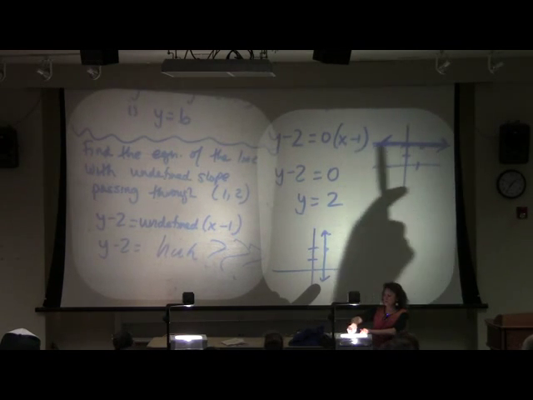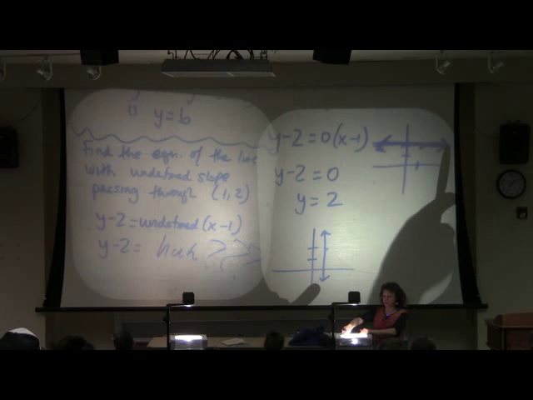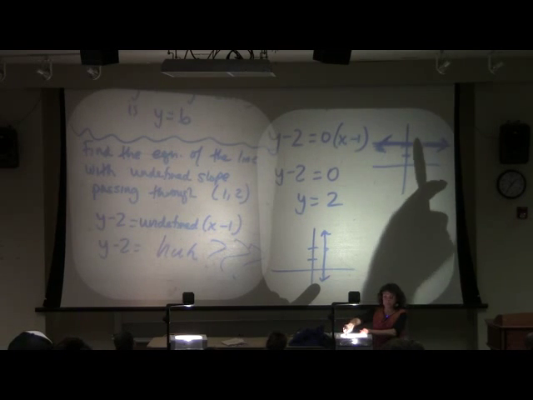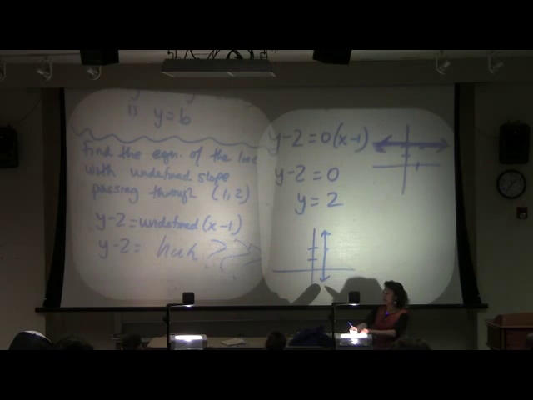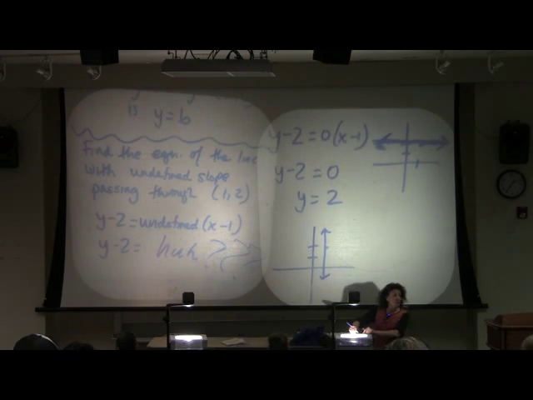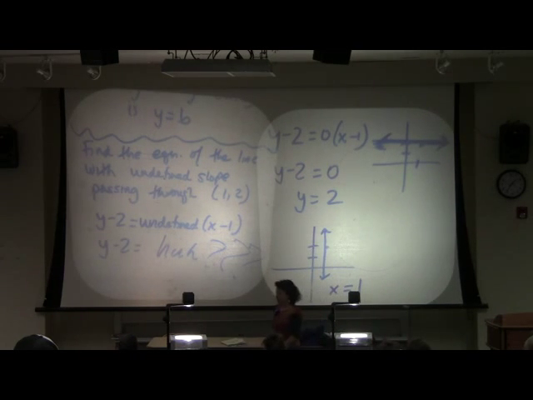My x values here are changing like crazy, but wasn't y always equal to 2? Now let's talk about this line. Aren't my y values changing like crazy? But what is always the case here? x is always 1.